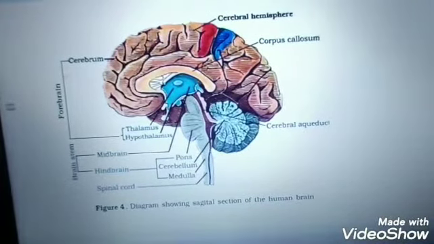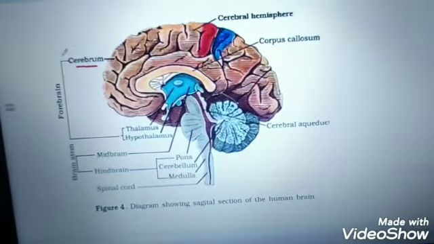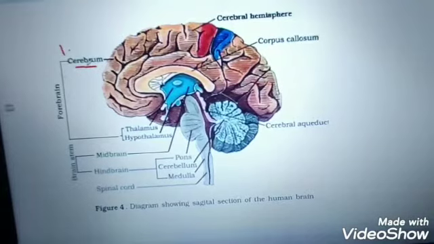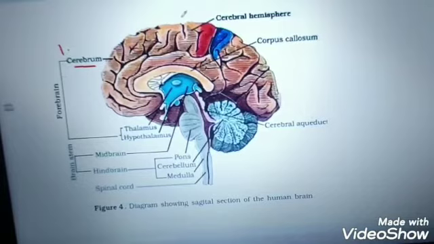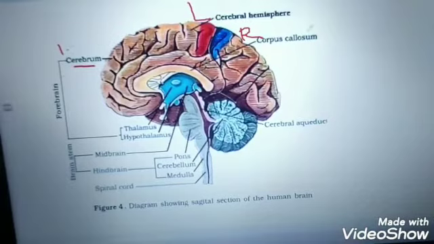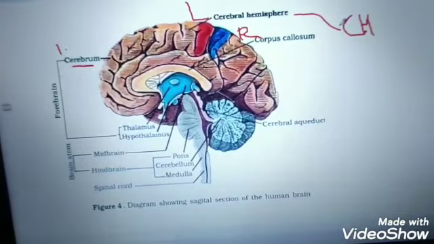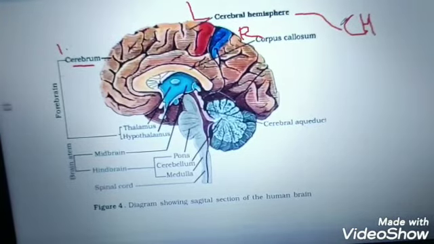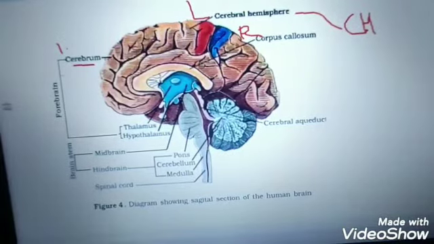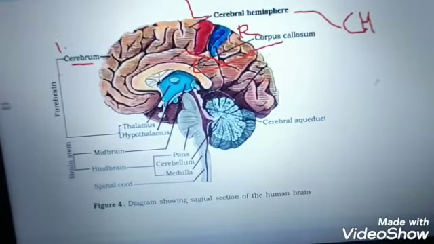Forebrain. The forebrain is made up of cerebrum. Let's discuss cerebrum first. The cerebrum is longitudinally divided into 2 halves, the left and the right cerebral hemispheres. The cerebral hemispheres are held together with nerve fibers called corpus callosum.